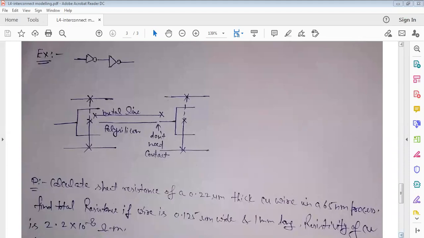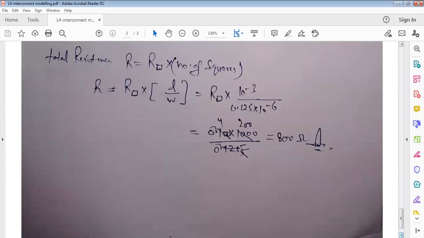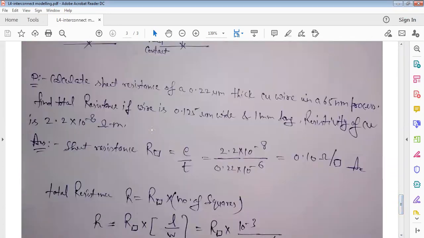Now let us consider one numerical. This is a simple numerical. Calculate the sheet resistance of a 0.22 micrometer thick copper wire. The thickness of the copper wire is given, that is 0.22 micrometer.